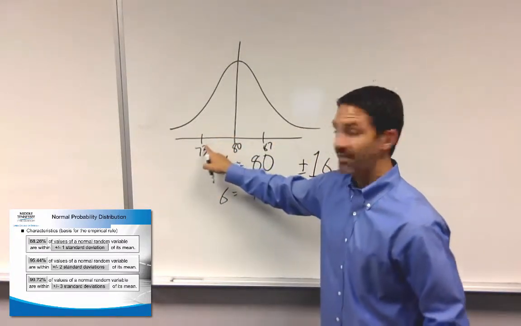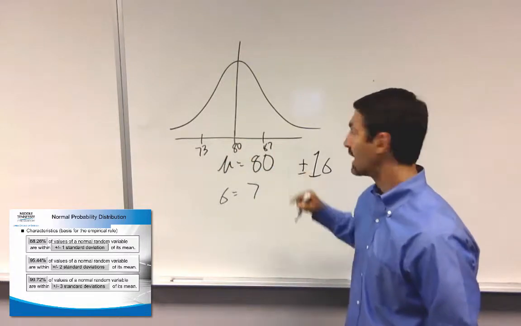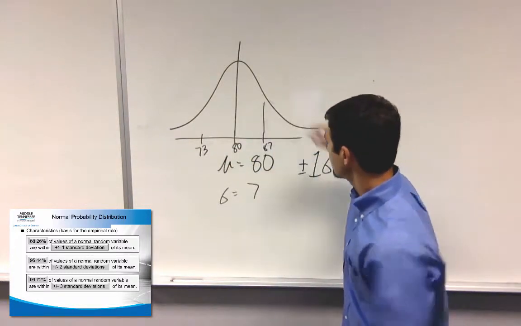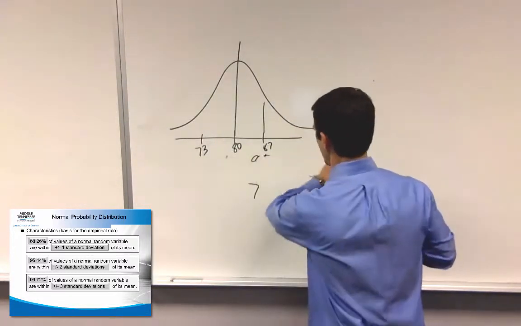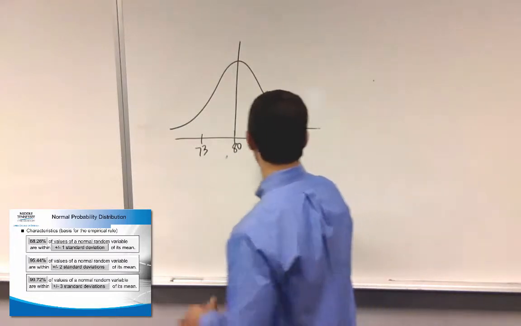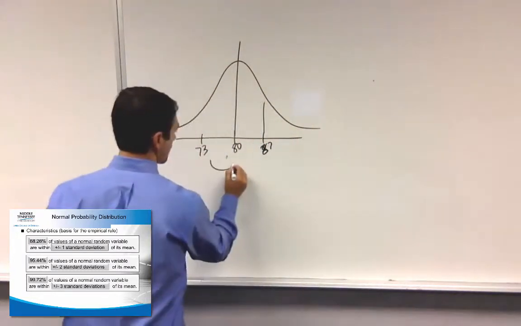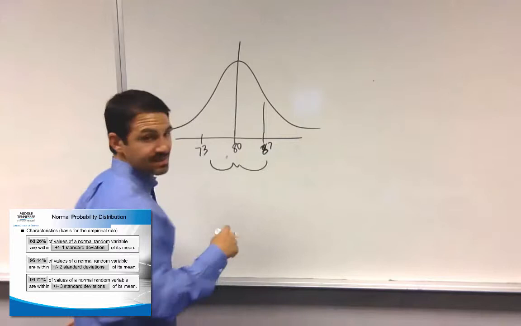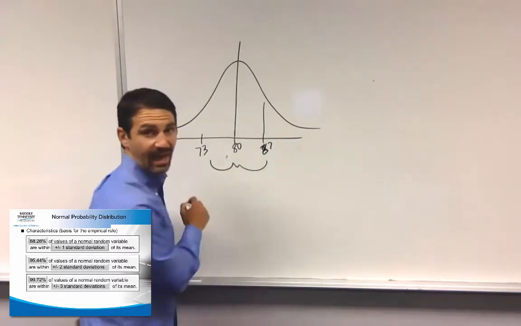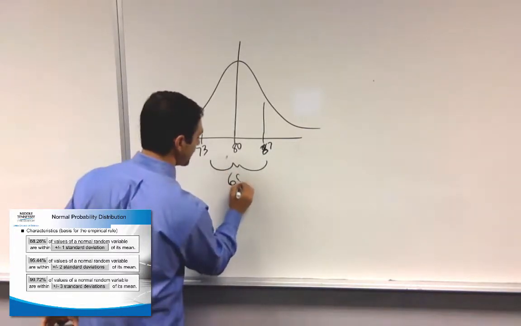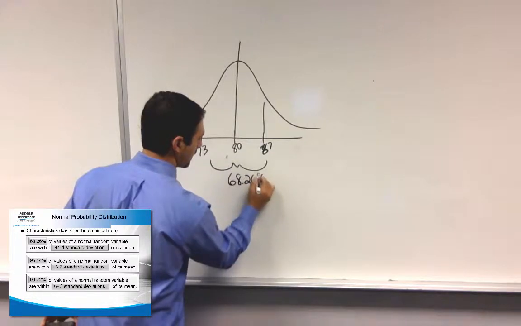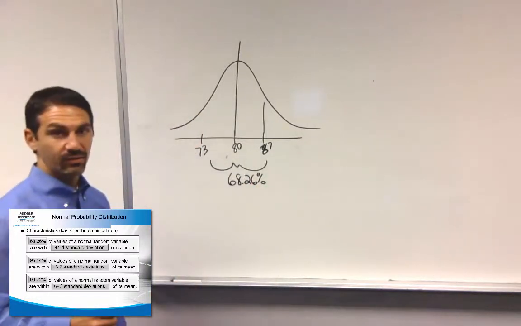So 7 less on this side, 7 more on that side. And what that tells us then is that 68.26% fall in that value there.